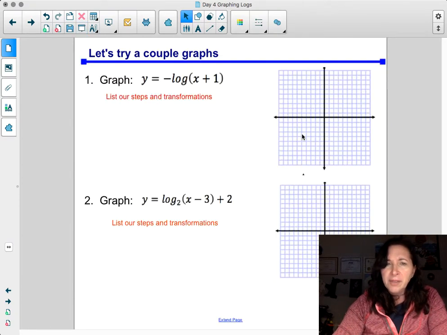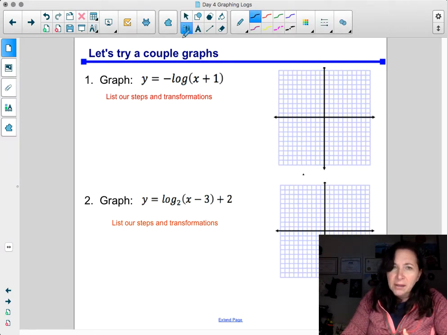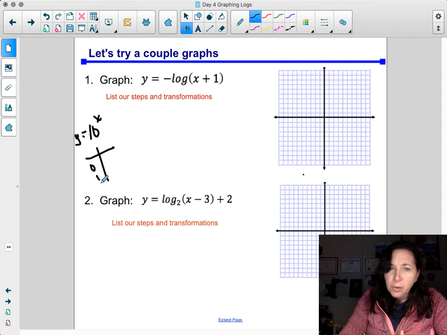A couple of things here, listing the steps. You could graph a log equation. Now remember, a log equation is an inverse of 10 to the x power. Think about it like this: 10 to the x power, if I were to plug in 2 points, for x and y, for 0 and 1, would be 1 and 10, right?